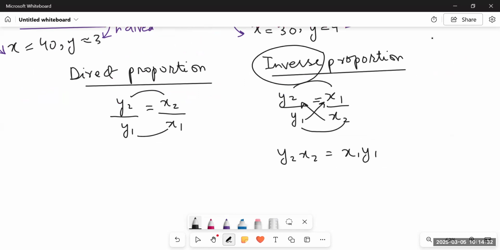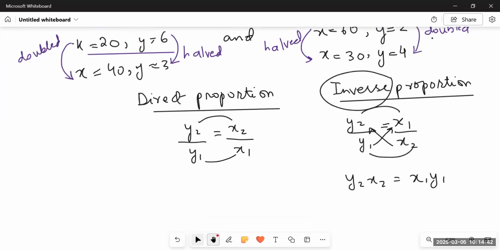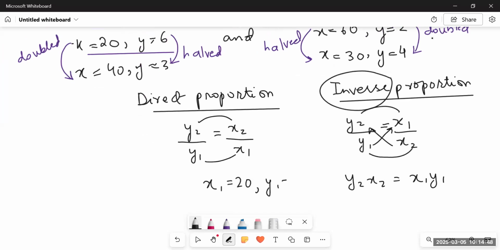Here, let's take x1 equals 20, y1 corresponding value 6. Then x2 equals 40 and y2 equals 3.